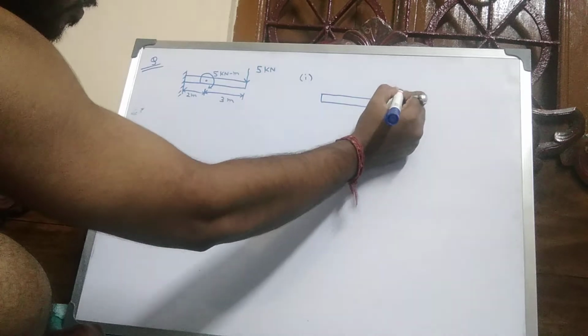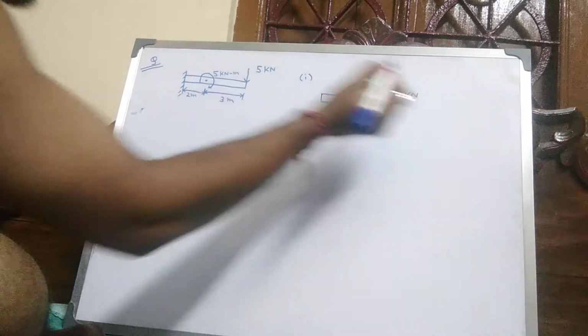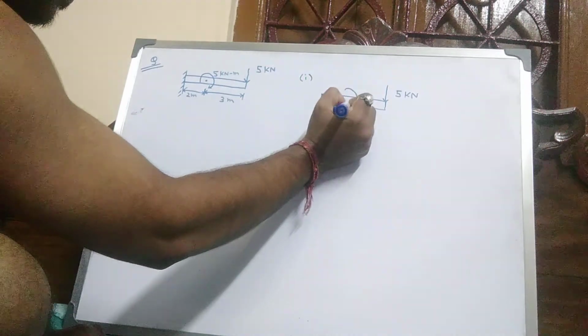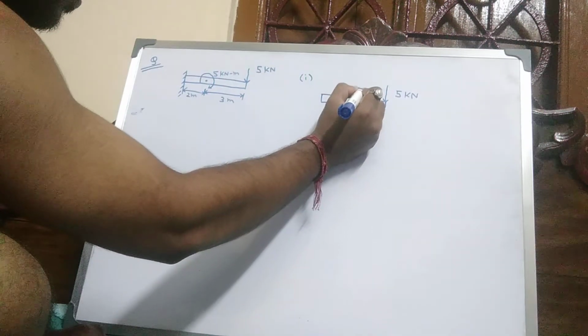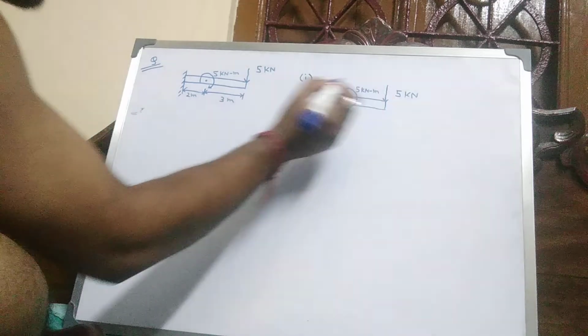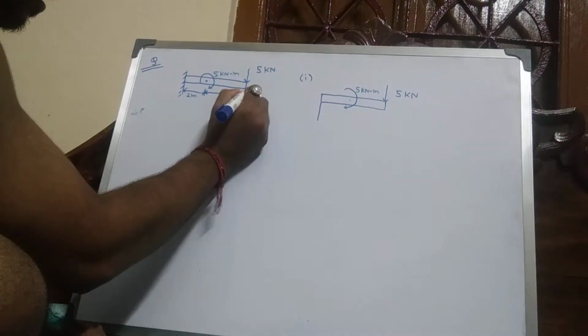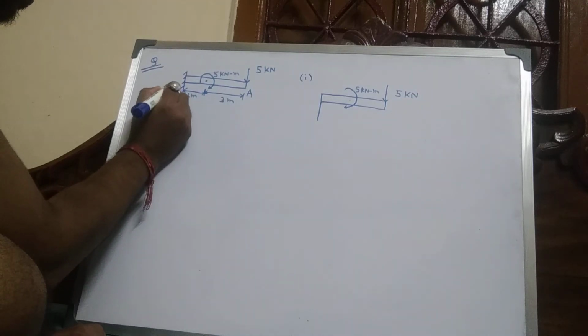This is 5 kilonewton. This is 5 kilonewton meter, and here suppose this is point A, this is point B, this is point C.